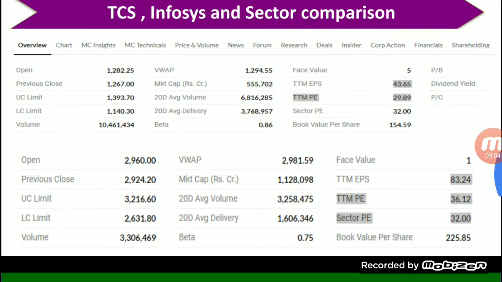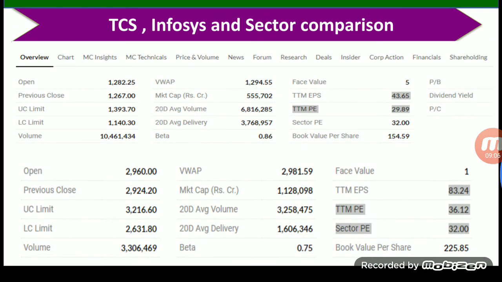I have taken the parameters dated 3rd March 2021. I have highlighted TTM here, I will tell you later on. Consider it the P ratio. The first company is Infosys, and the last is TCS.